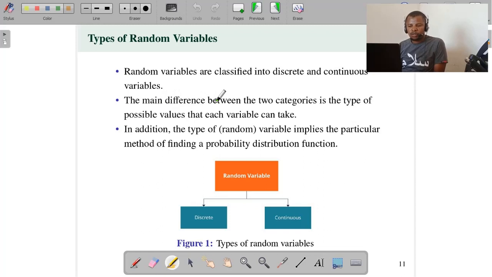The main difference between the two categories is the type of possible values that each variable can take. We know the discrete takes counted values, real numbers, while the continuous can take even fractions or decimals. We are going to classify it more during the session on scale of measurement.